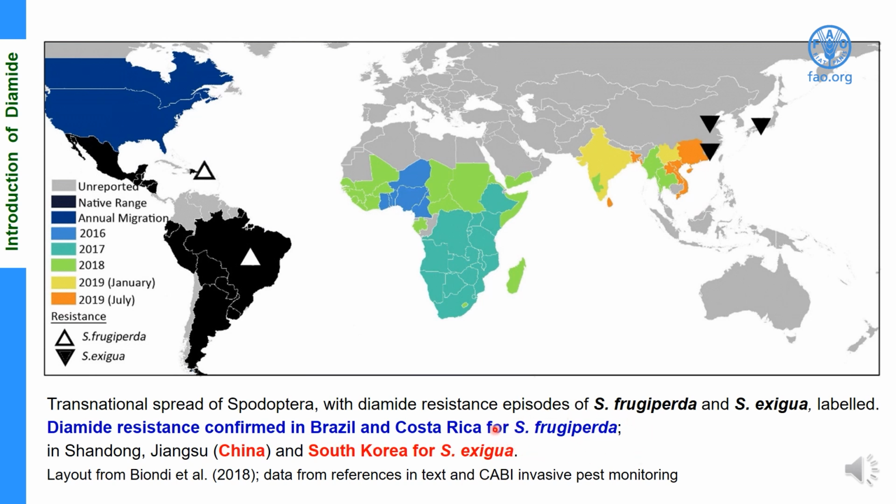And in China, Japan and Korea, a high level of diamide resistance was reported for Spodoptera exigua. So until now, the main Spodoptera pests, Spodoptera prodenia and Spodoptera exigua, have been reported to have diamide insecticide resistance.